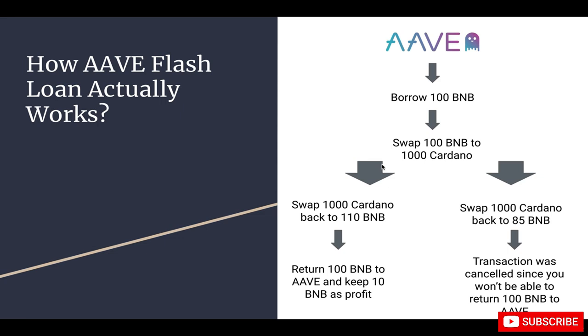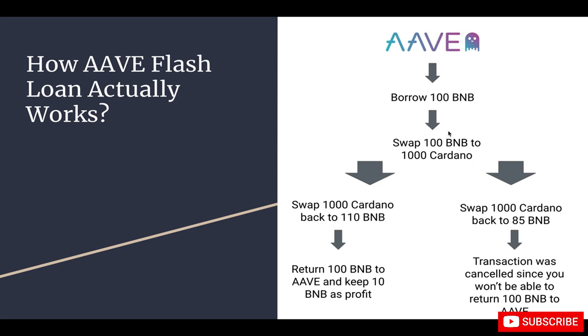That's the beauty of having blockchain, right? It's impossible to happen in the conventional banking system, but it's realistic in blockchain. So this is the first example where the transaction was successful because you're able to return 100 BNB back to Aave. Even though these look like different transactions, all three executed in the same smart contract, at once.